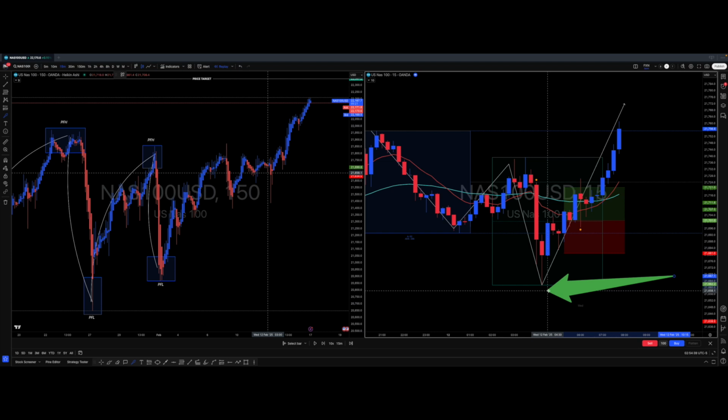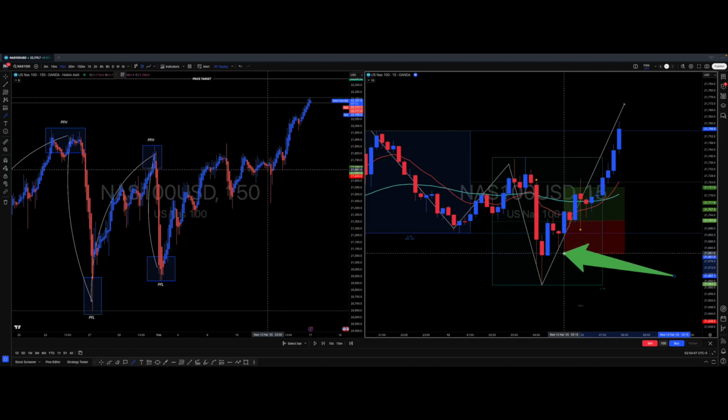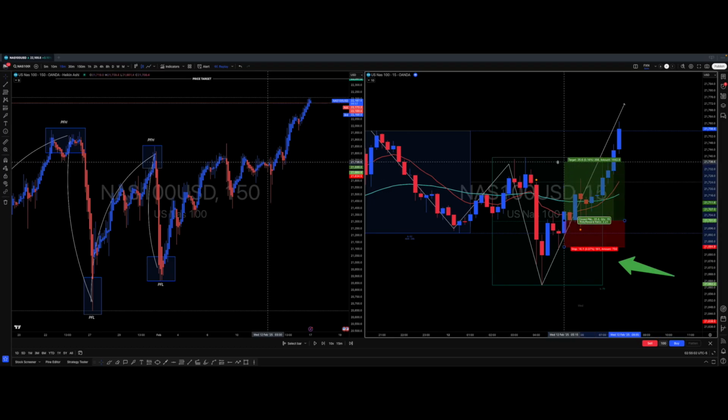Okay, so for me, my stop loss is going to go below this blue candle here where it closed above the 13 EMA. Again, if I'm wrong about it, I'd rather be wrong right away, get out of the trade and move on. Okay, so that's where my stop is going to go, and then from there we're just again going 2-to-1.